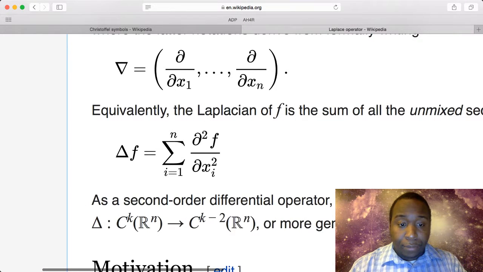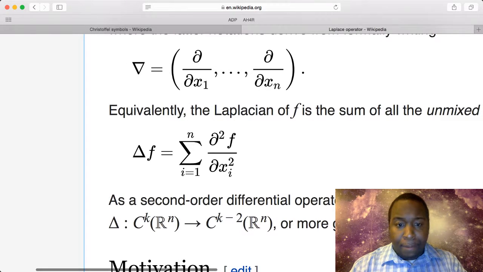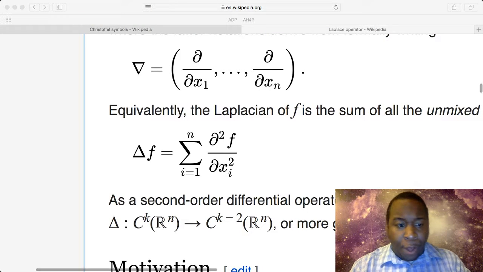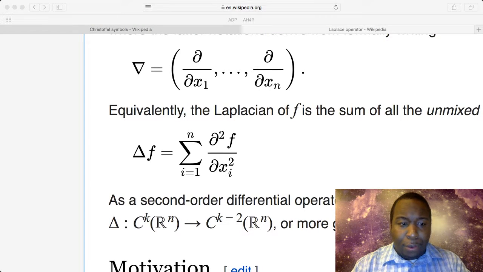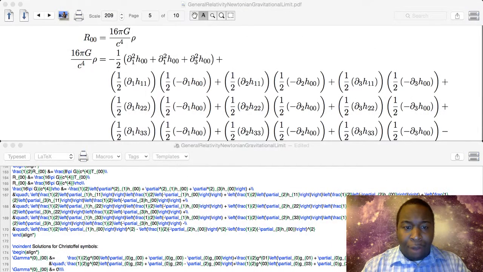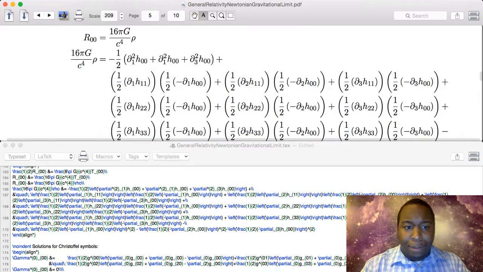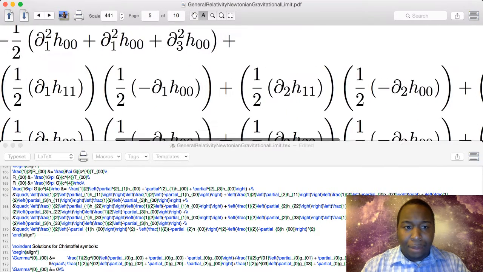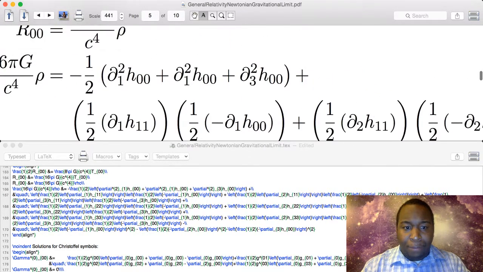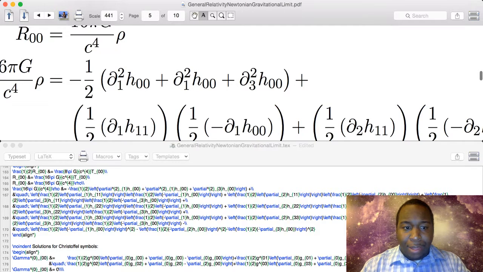So this is the Laplacian, this equation I'm showing here. And if we go back to what I've derived so far, let's make this a little bit bigger. Hopefully I can zoom in a little bit. This sum that we're seeing here, if only I could highlight it, that would be nice.